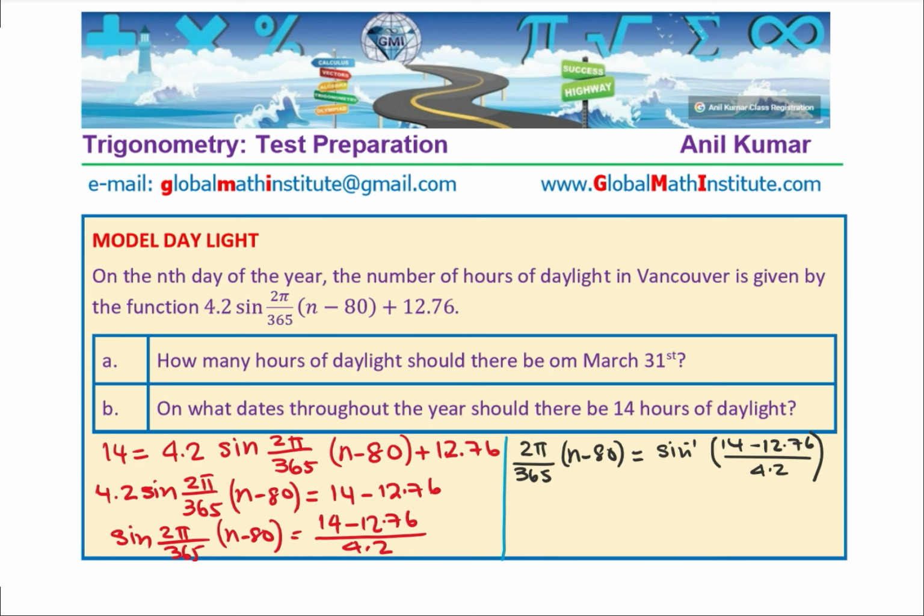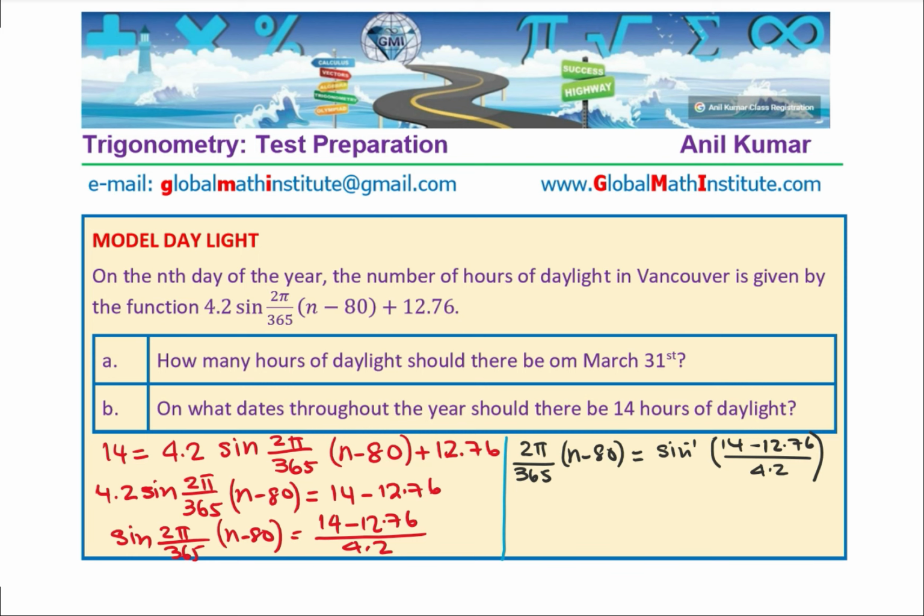Let's calculate. 1.24 divided by 4.2, we get this as 31 over 105. It's good to keep this as a fraction. You get the idea. And then find the sine inverse of this. When you find sine inverse of this, what do you get?